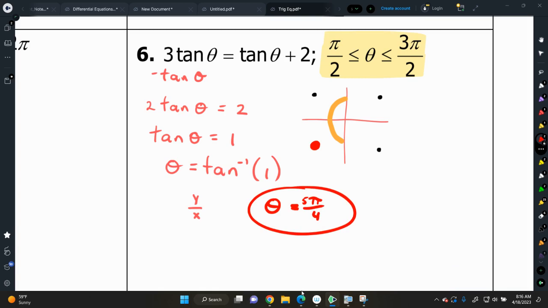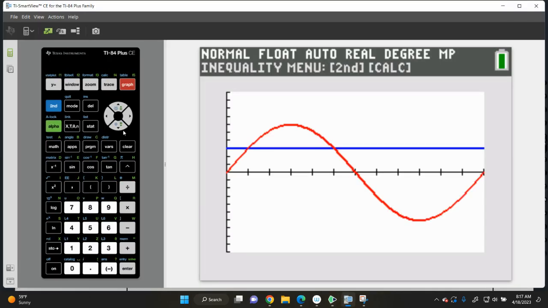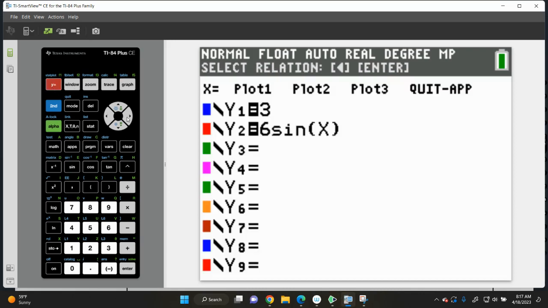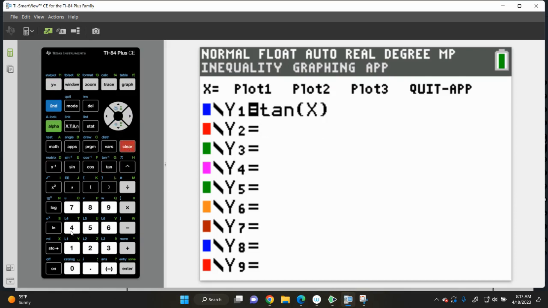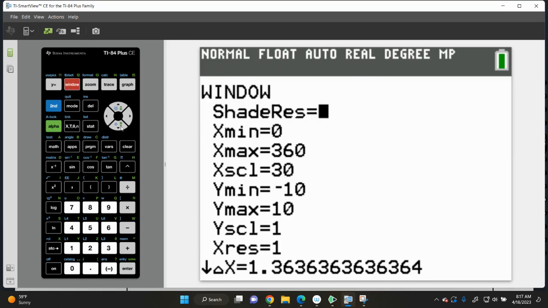Now, if I graph this, we're doing tangent theta, and that's going to equal 1. So this time I need to adjust my window. I'm going from pi over 2, that's my x min.